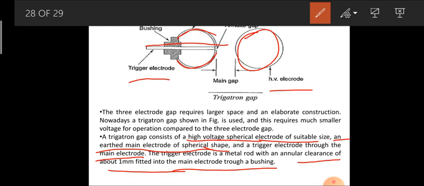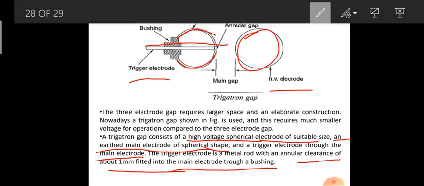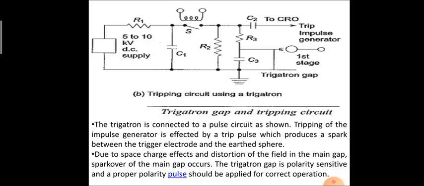So the trigatron is connected to a pulse circuit as you can see here. Tripping of the impulse generator is effected by a trip pulse which produces a spark between the trigger electrode and the earthed sphere.